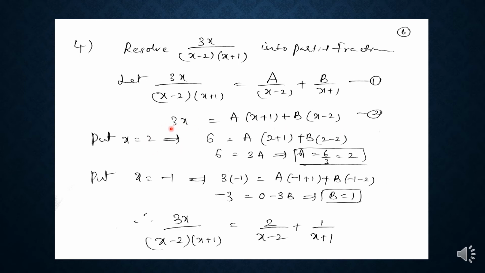That becomes 3 into 2, that is 6, is equal to a into 2 plus 1 plus b into 2 minus 2. So 6 is equal to 3a. So a is equal to 6 by 3, so a is equal to 2.